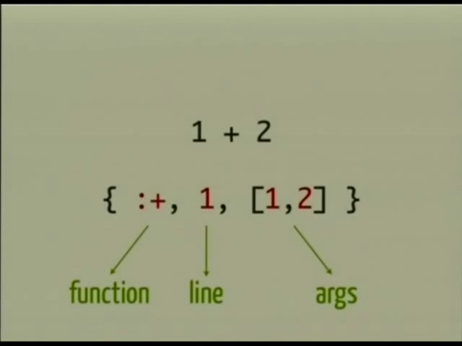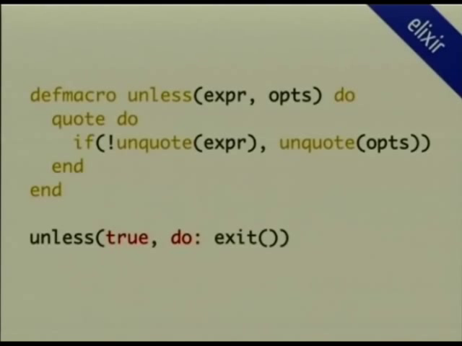Basically what this means is that, since I can represent Elixir code using Elixir data structures, Elixir code can manipulate Elixir code because they are simply data structures of the language. Here I'm defining a macro called unless. This is a very canonical example for macros. In most languages, unless is a keyword. It's something special because you need to evaluate the argument depending on the value of the expression.